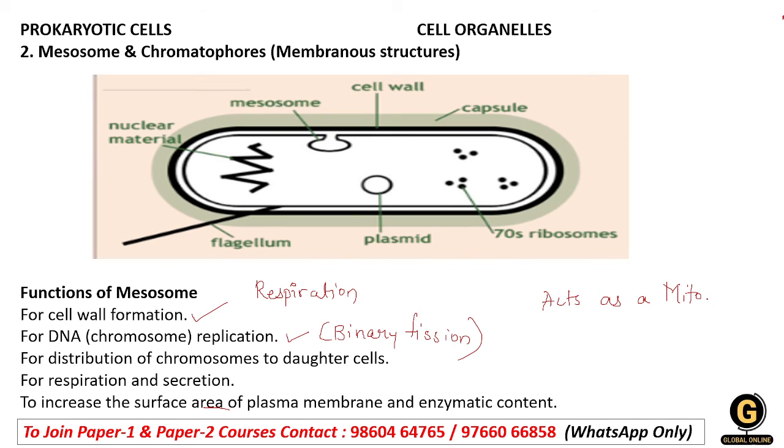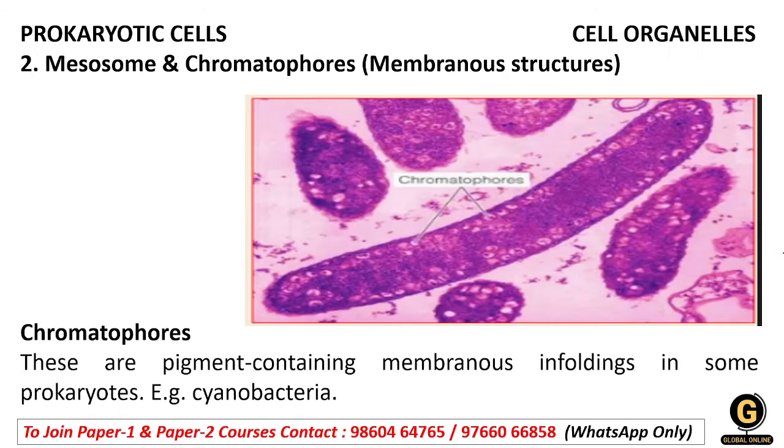Mesosome acts as a mitochondria of the eukaryotic cell. Clear mesosome? Now we will see the chromatophore.